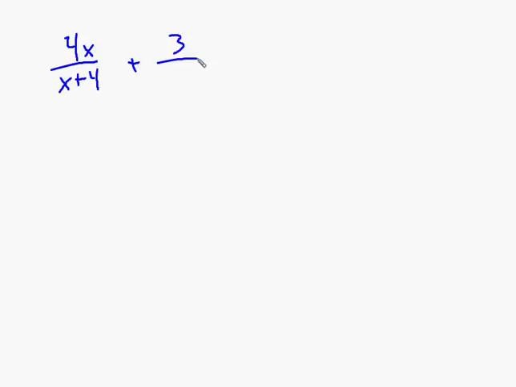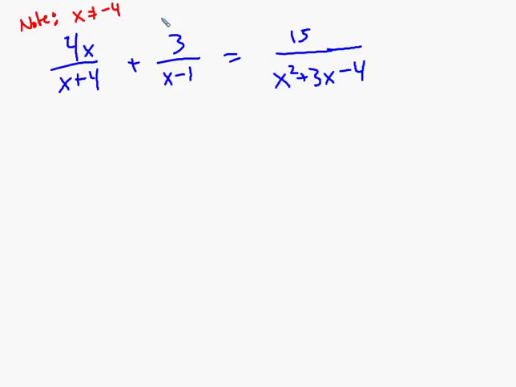Now, you'll save yourself some time as far as checking for extraneous if you do what I'm about to do right here. I'm going to note what x can't be. X cannot be negative 4. X cannot be negative 1.